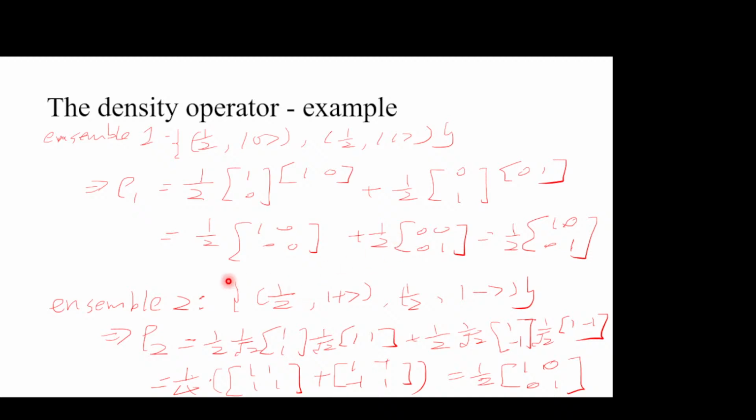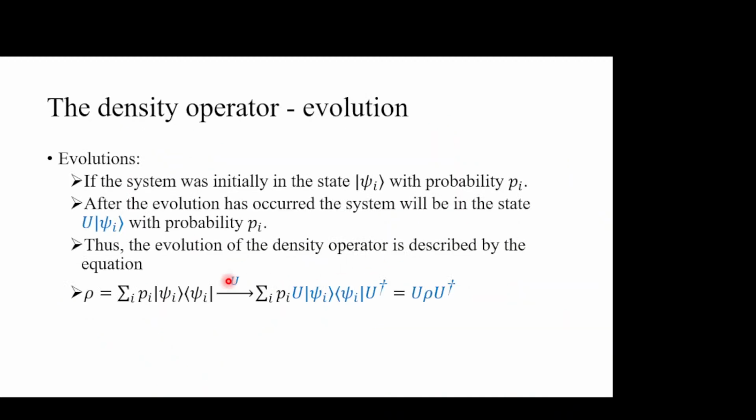If not, then let's see how we describe the evolution of ensembles through density operators. We assume we have some ensemble of p_i and psi_i, and we think about how the states in the system will evolve when you apply some operator.